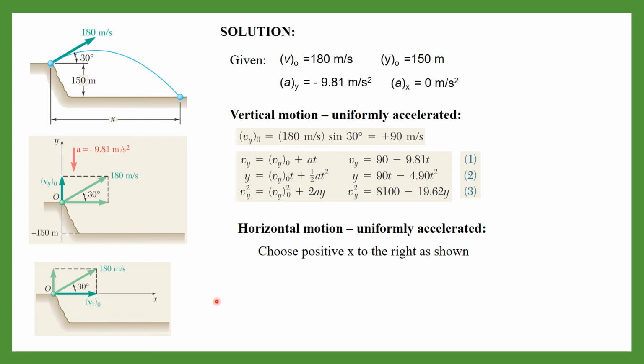Suppose we choose the positive direction in this way. In the x direction, the initial velocity is this cos component, and we only have this equation: x is equal to vx naught t, because acceleration is 0. From this you can calculate x is equal to 155.90.